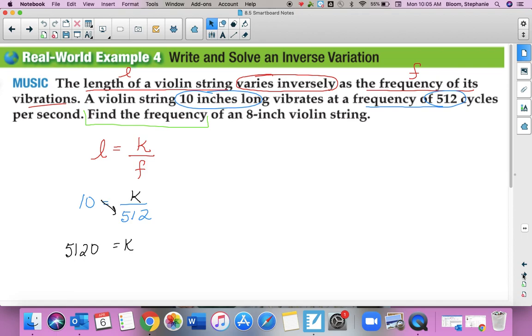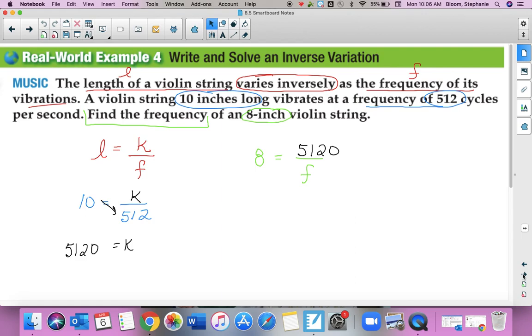Now this says find the frequency. So this time I'm trying to figure out what my F is. So I'm going to keep my F there. Find the frequency of an 8-inch violin string. So there's my length and I know my K is 5,120. And now I'm going to solve.